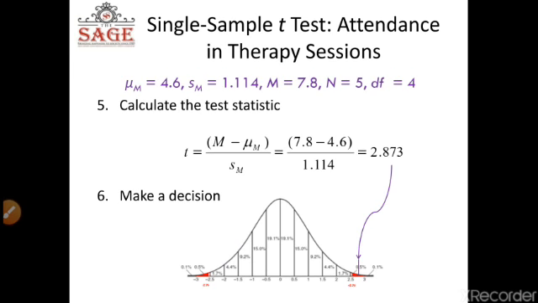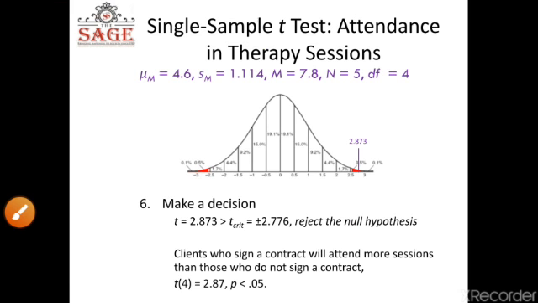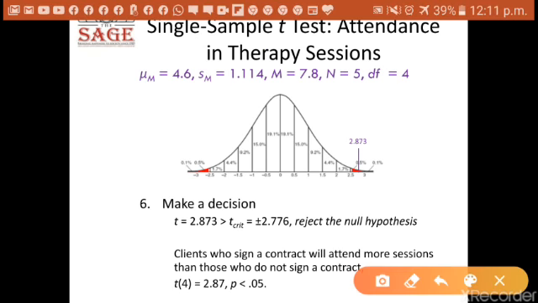That means 2.873 will come on this side of the figure, on the extreme tails. So what decision do you make? You make a decision that t is 2.873, which is greater than the critical value of plus minus 2.776, and therefore when such a thing happens, we reject the null hypothesis.